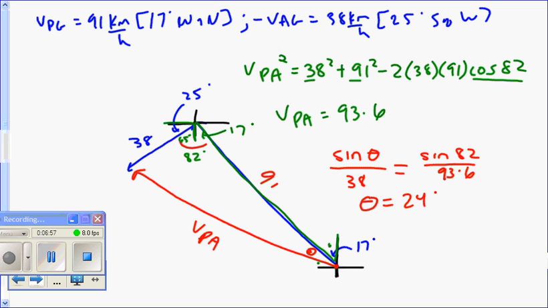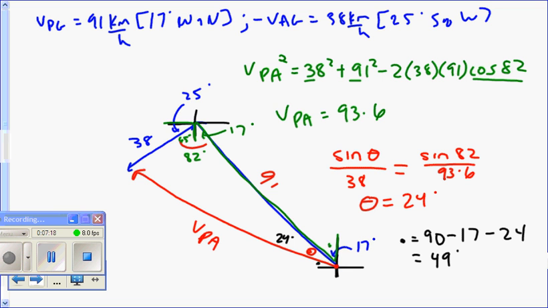So once you have 24 here, now we can say that this angle, represented by my little dot down here, equals 90 minus 17 minus 24 equals 49 degrees.